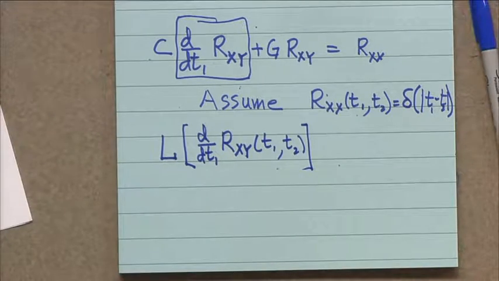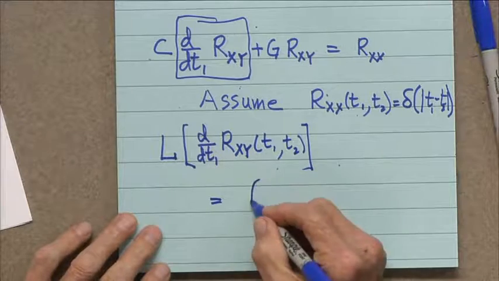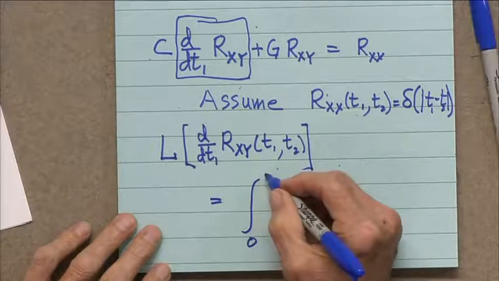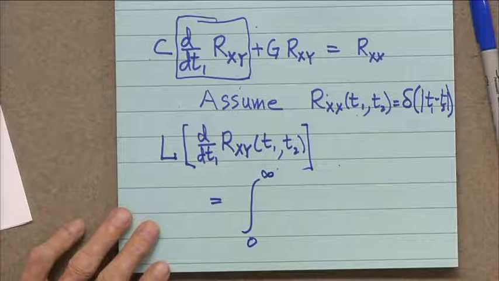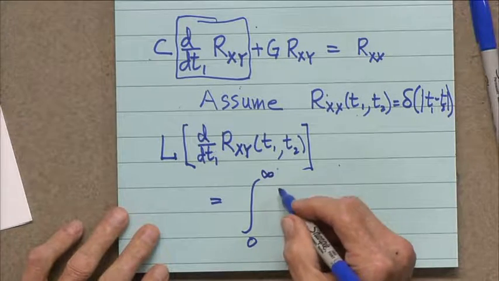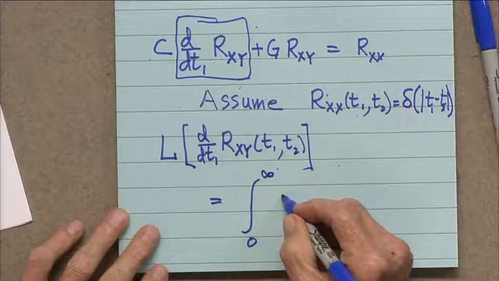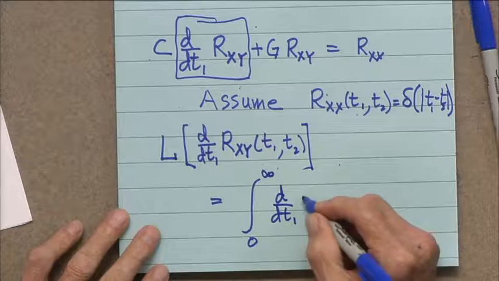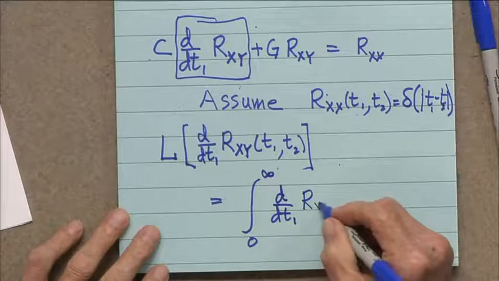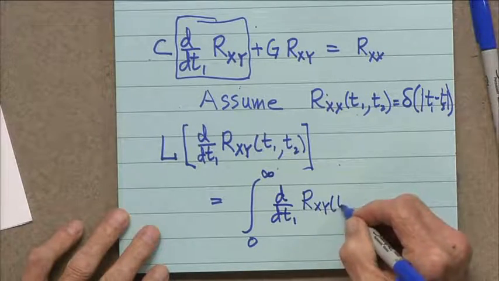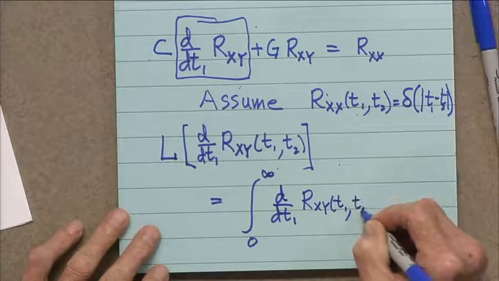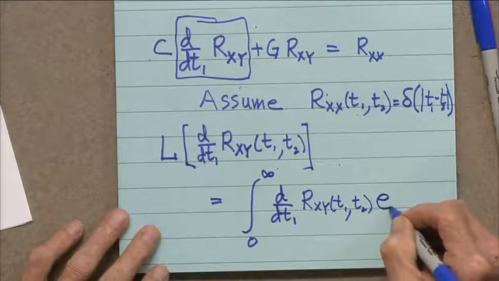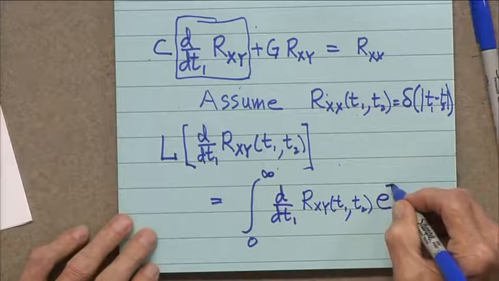Well, mathematically, that's equal to the integral from 0 to infinity of d/dt1 Rxy t1 t2 e to the minus s t1 dt1.